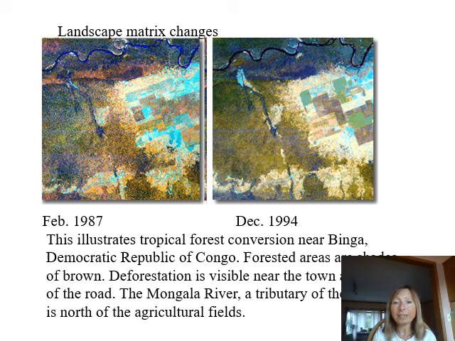This is a case study in the Democratic Republic of the Congo, where you can see how, again, the tropical rainforest matrix is becoming agricultural field. So what used to be patches of arable land is becoming the new matrix of the landscape. And of course, it's triggering all kinds of changes.